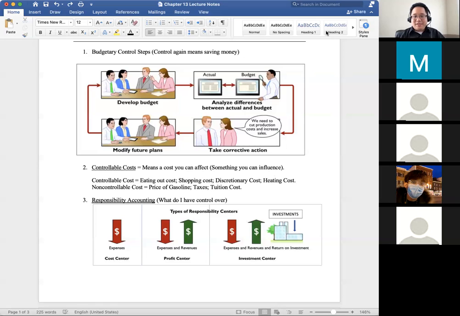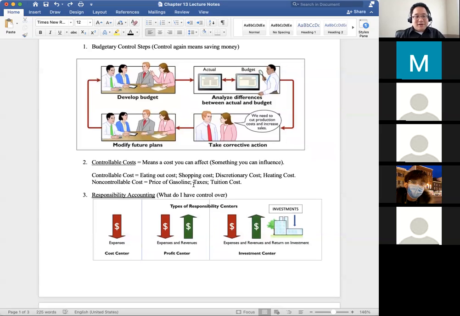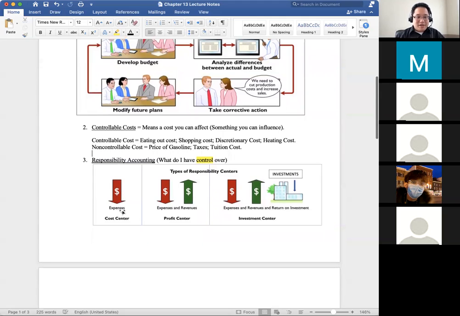Okay, so this sounds a little bit like what we talked about last time. Remember responsibility accounting? That was from the last chapter. Responsibility accounting has to do with control, right? What things do you have control over? In this diagram here, you can see a cost center. I have control over my expenses, or I control my costs. Profit center, you control your expenses and your revenues. And an investment center is where you control your expenses, revenues, and investments.